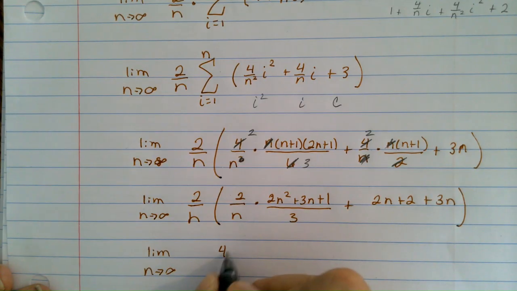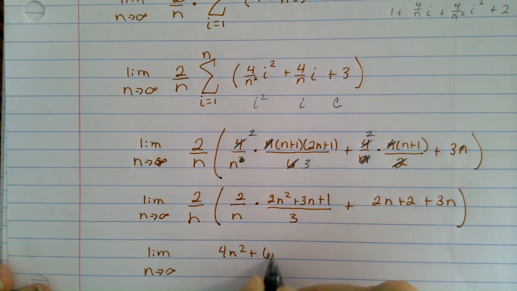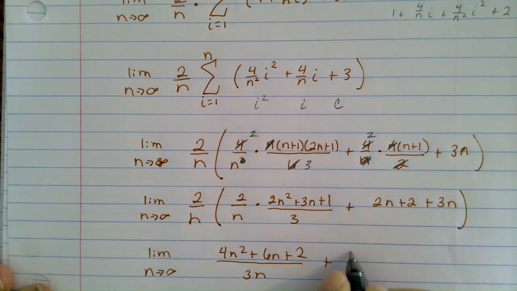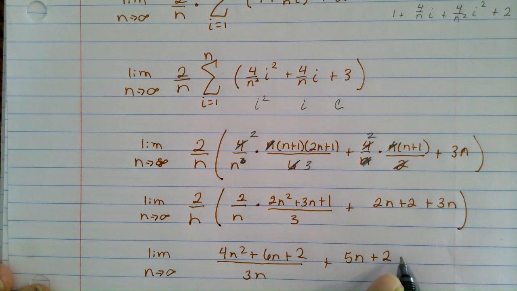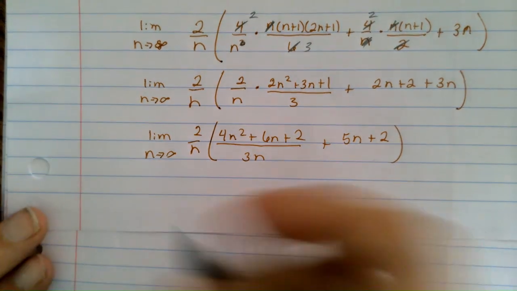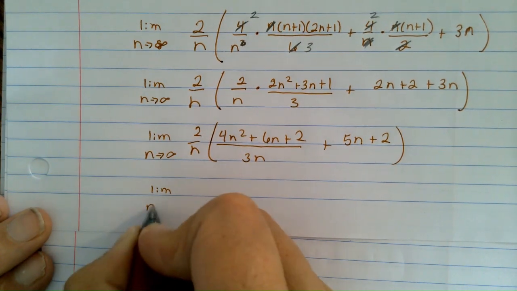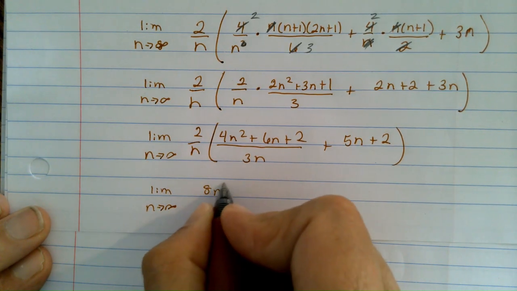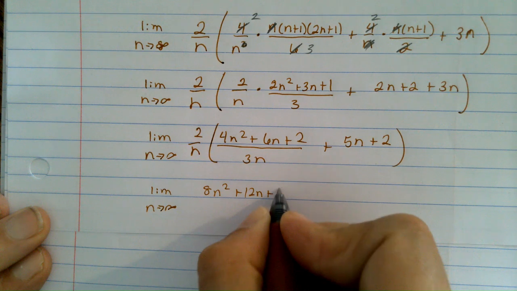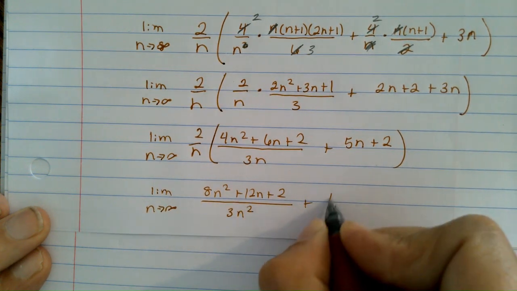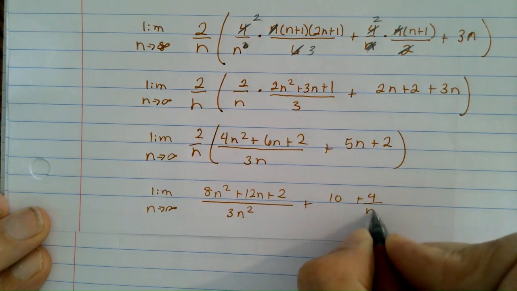Let's see, we'd have 4n squared plus 6n plus 2 all over 3n plus 5n plus 2. That's still all multiplied by 2 over n. So the limit as n approaches infinity of 8n squared plus 12n plus 2 over 3n squared plus 10 plus 4 over n.